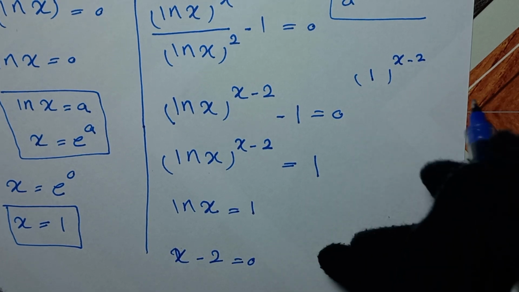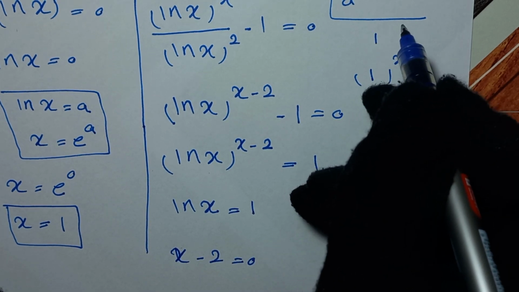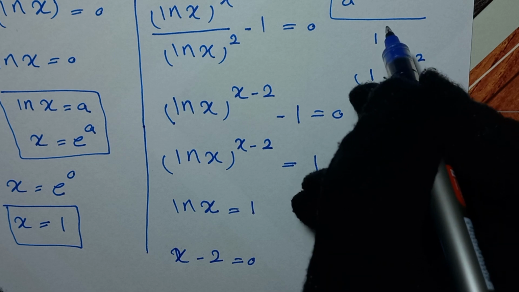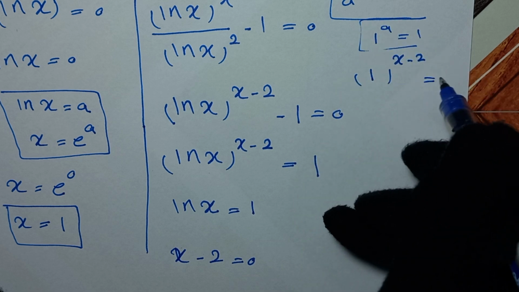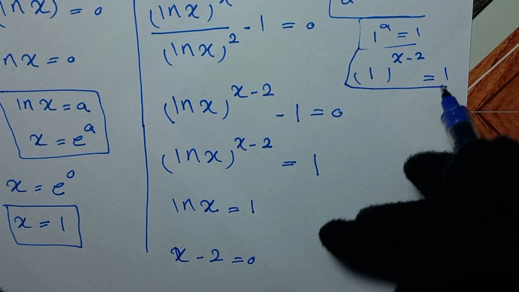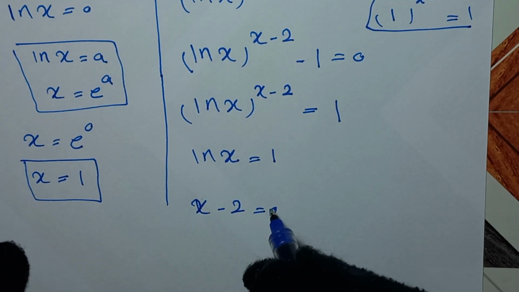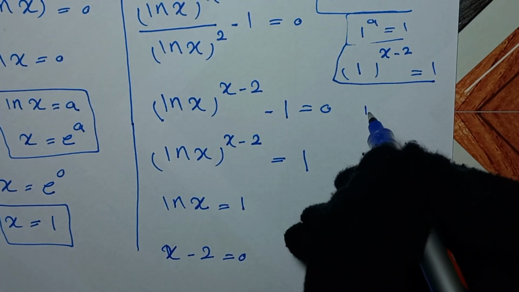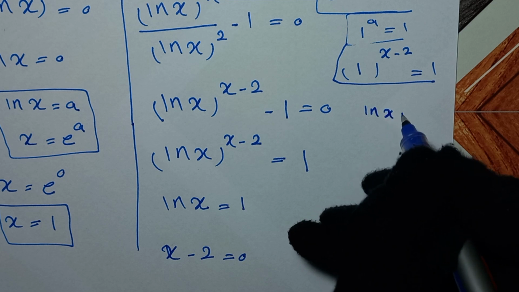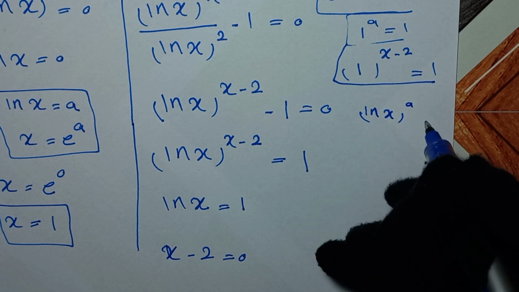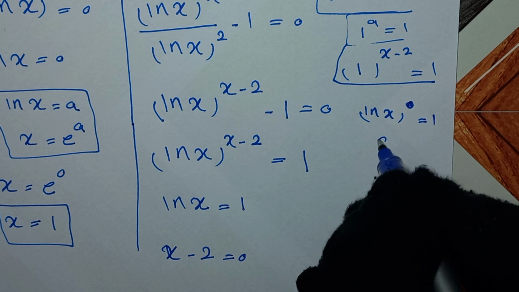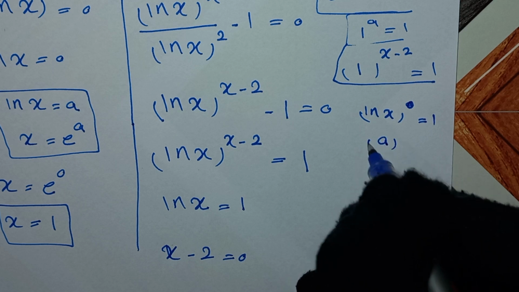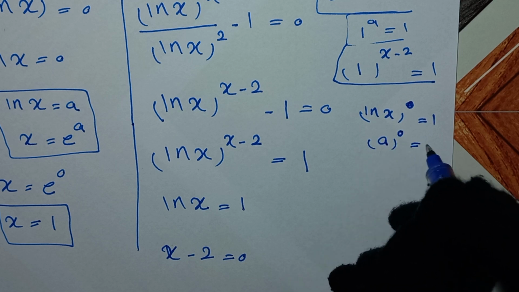And as you know, 1 to the power of any number, such as x minus 2 or a, is equal to 1, right? So 1 to the power of x minus 2 is also equal to 1. Or x minus 2 is equal to 0, so it will be (ln x)^0, and this is equal to 1, right? A to the power of 0 is equal to 1, right?